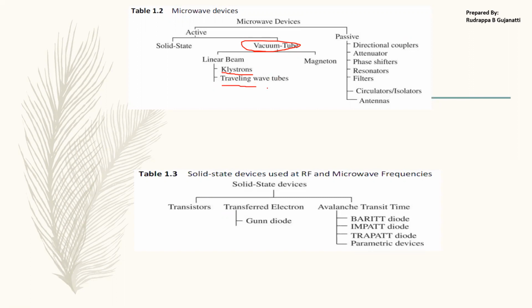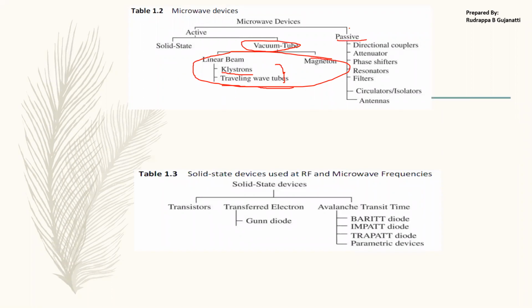Then you have the TWT, the traveling wave tube, which is also a vacuum tube concept and gives oscillations in the microwave range. Then you have the magnetron, which is again used for microwave signal generation, with slightly different methods of working. These are the vacuum tube variations of microwave devices.